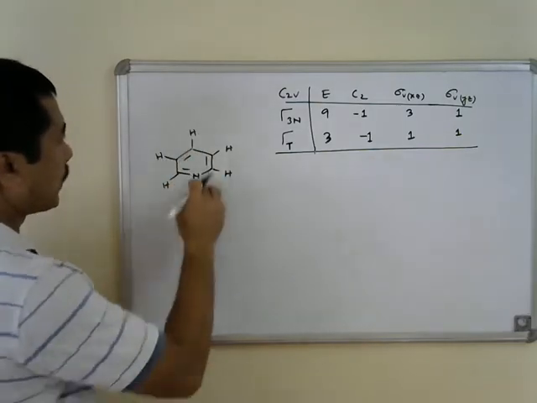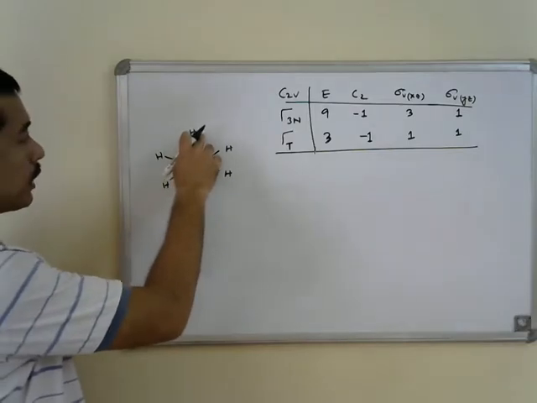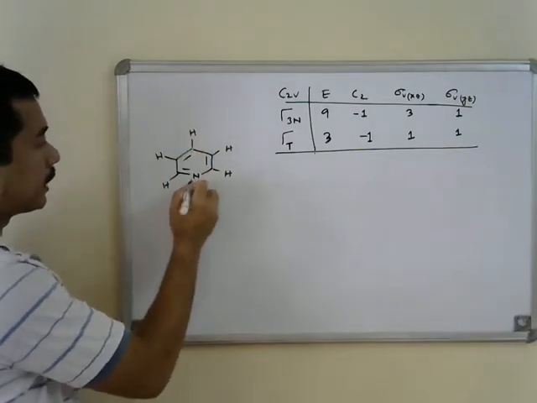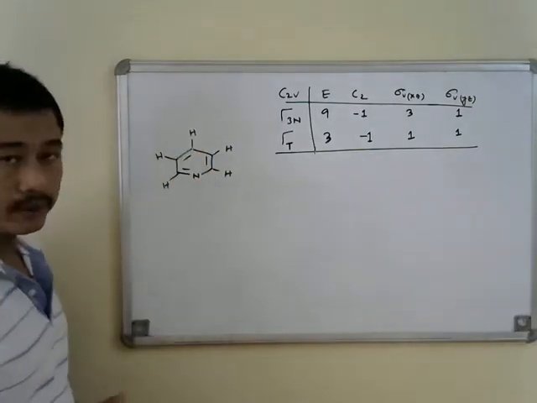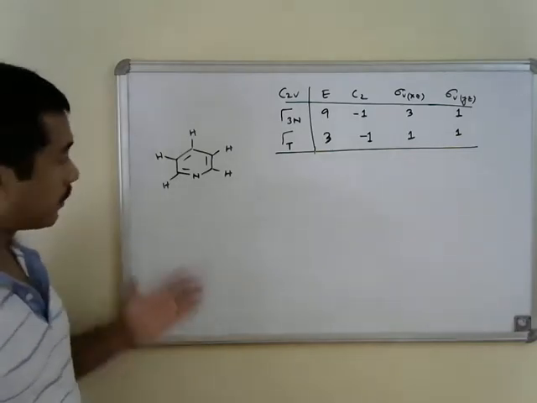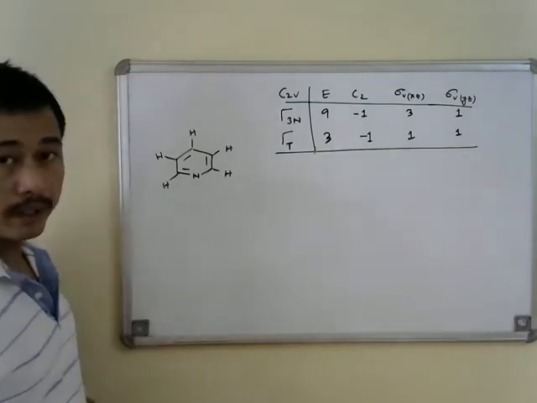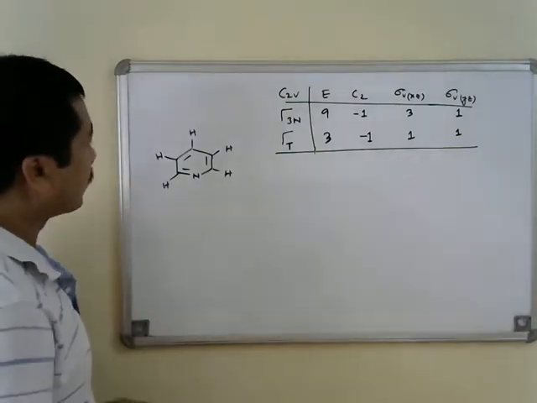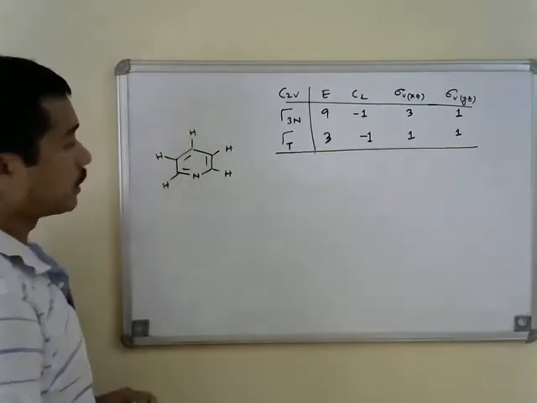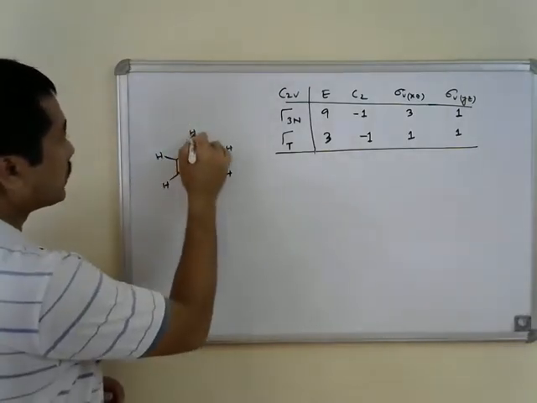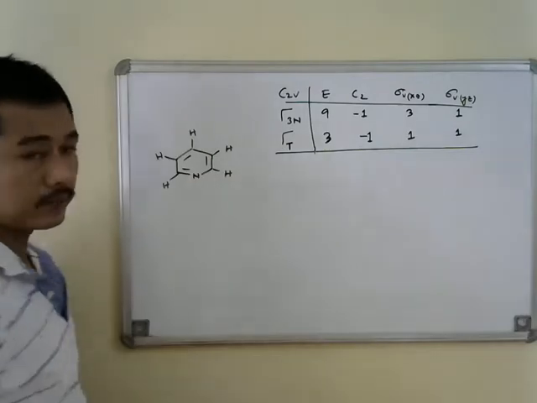The C2 axis passes through the top hydrogen atom, this carbon atom, and the nitrogen atom. There is a sigma v(xz), which is the molecular plane of symmetry, and there is a sigma v(yz), which bisects the molecule in two halves and contains this hydrogen, this carbon, and this nitrogen atom.